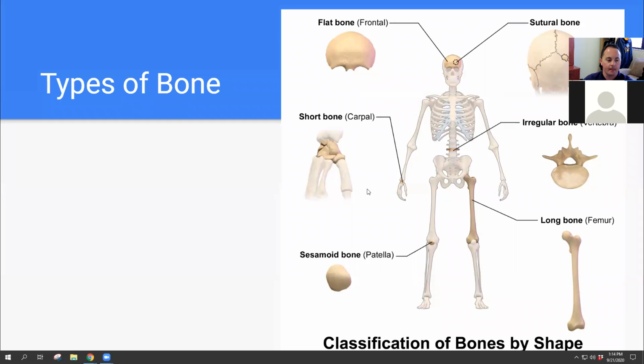Okay. Your sesamoid bones, for example, your patella, are bones that are floating in the tendon. So they don't actually form a true joint with another bone, but they sit here in your tendons and they give you what's called a mechanical advantage.